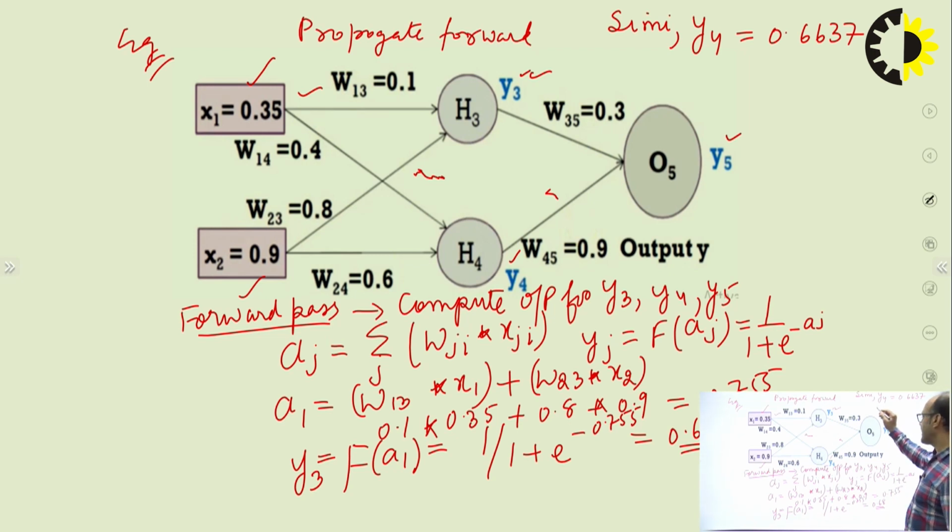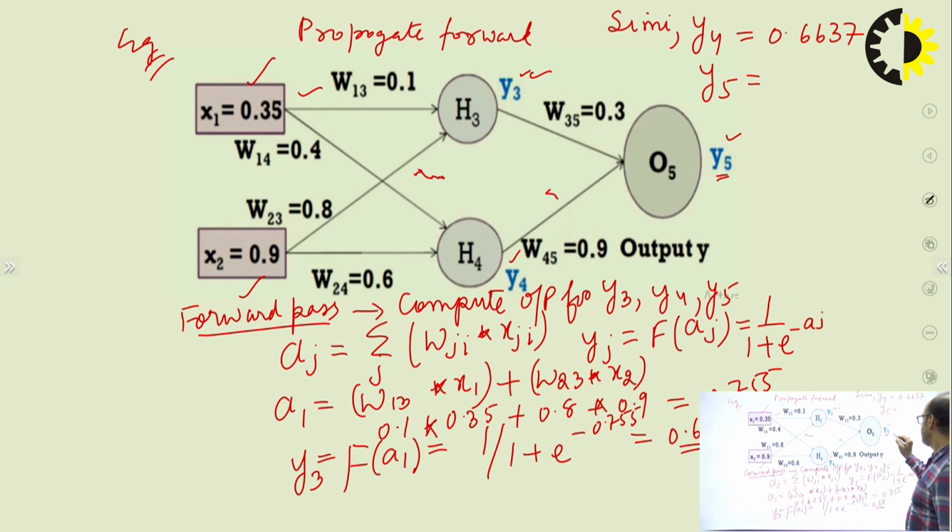Now again I will calculate. Now I have to calculate this y5, and in the same manner it will be calculated. How it will be calculated? y5, the value that I get from here, this multiplied by 0.3, ठीक है. So how this will be calculated? I just do the calculation here.